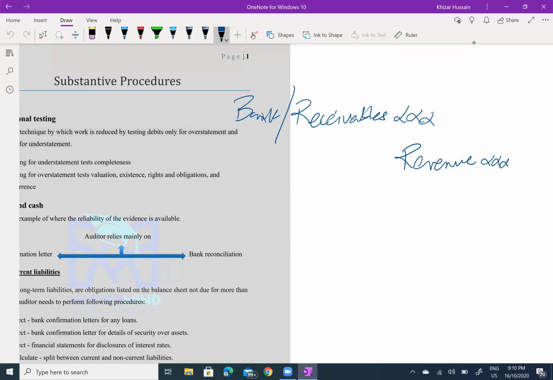So it was a part of test of controls. Why? Because there are certain controls that come into play when you talk about a source document traveling all the way to your top line of the SOCI. It's not just one invoice we're talking about over here, right? Let's say there are thousands, even millions of invoices generated in a year.